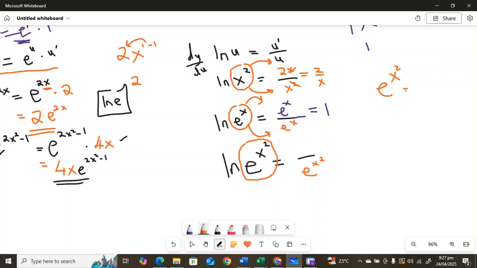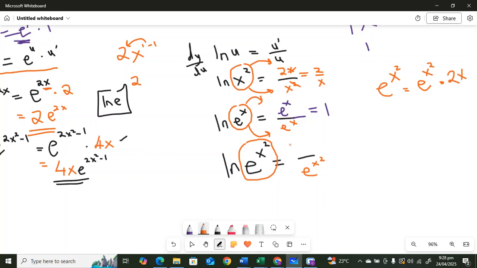So colleagues, when we're deriving e, we write the expression as it is, we repeat it. Then we derive this x squared. When we derive x squared, what do we get? 2x, yes.